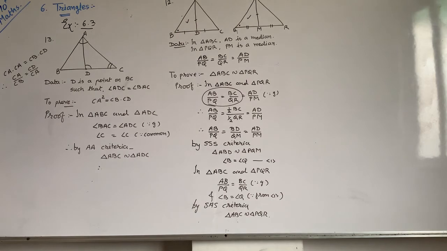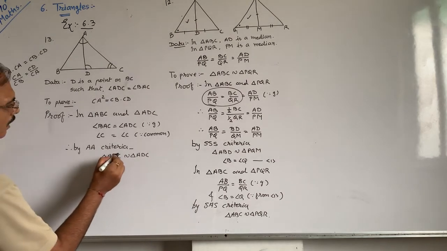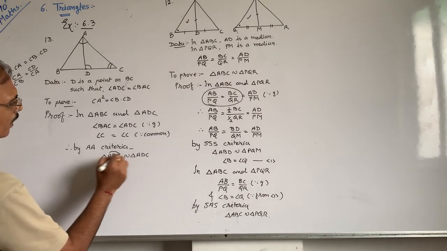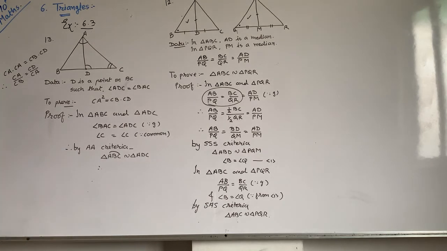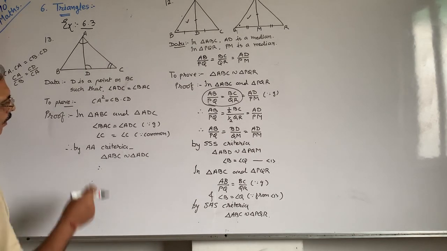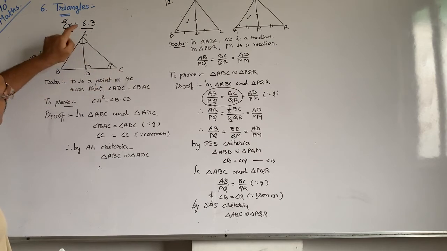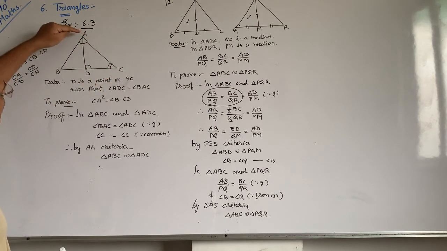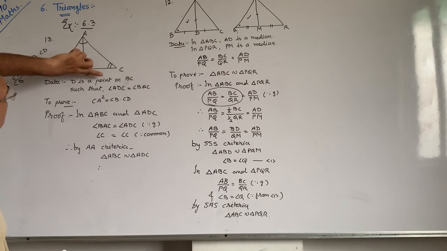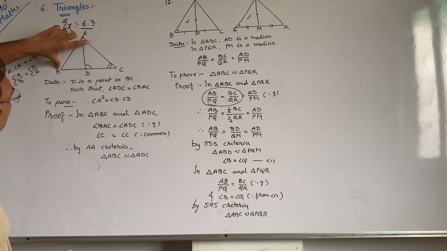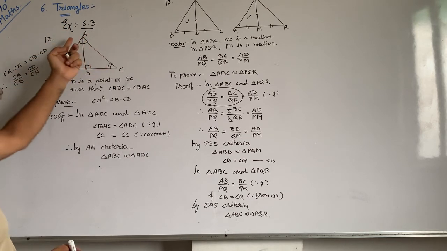Similarity means sides are in the same proportion. I want CA up here, CA upon CD. So ABC is similar to ADC. Find out ABC, ADC: start with A, then B, then C. So here we should start with DCA.